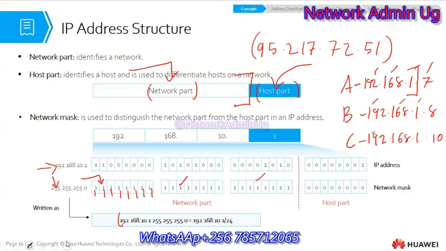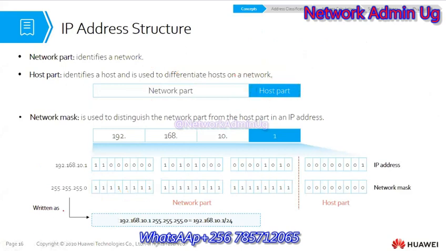Now, number one, the /24 represents the number of network bits, the number of ones that we have in the network mask. For example, how many ones do we have? 8 plus 8 plus 8 giving us 24.